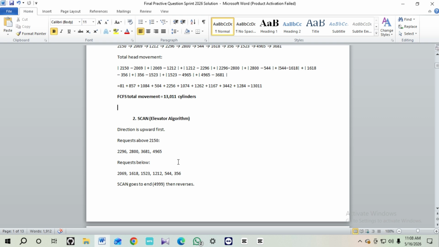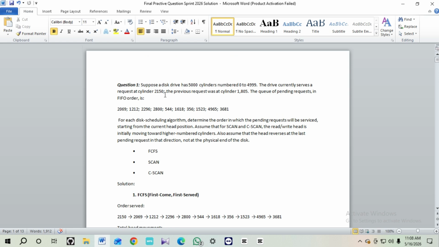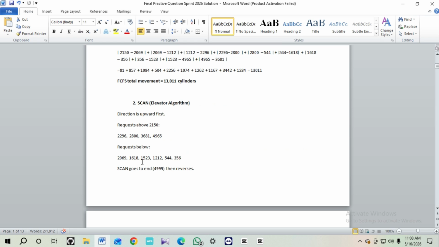Next, the SCAN algorithm. The direction of the cylinder head is upward first, then it goes downward. Our starting cylinder location was 2150. From 2150 the cylinder head moves up, since 2296 is greater than 2150, it moves one step up.